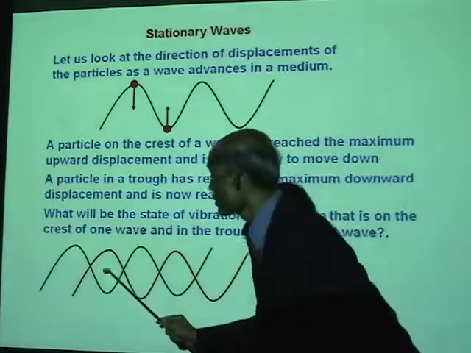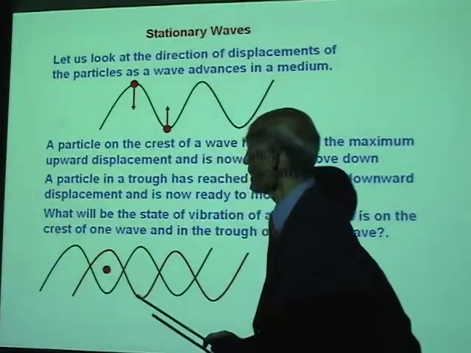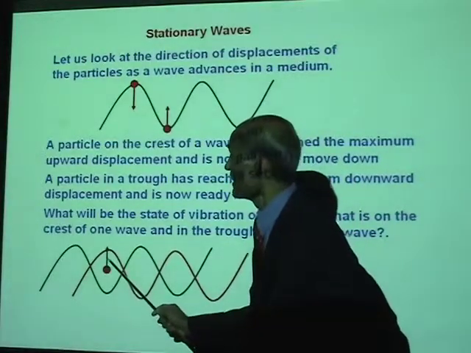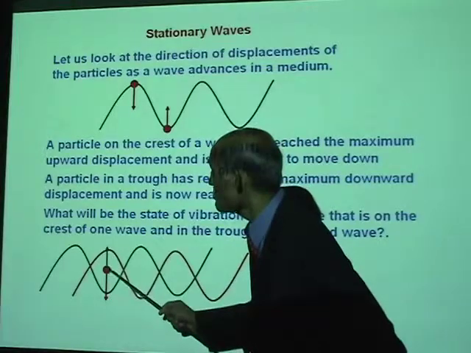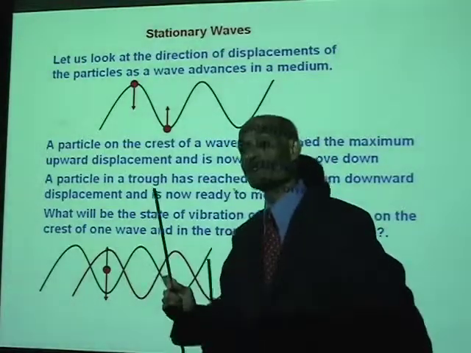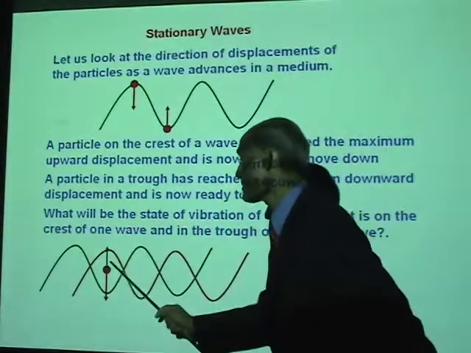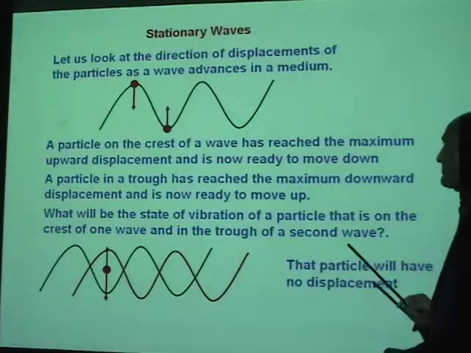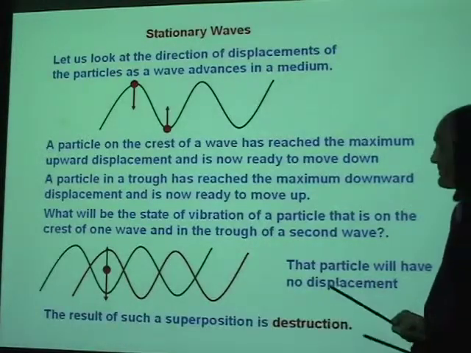Well, a particle here, it is on the crest of the first wave. That means it is beginning to move down there. And the trough of the second wave, it has to move up. That means that particle will not move. The particle will have no displacement.